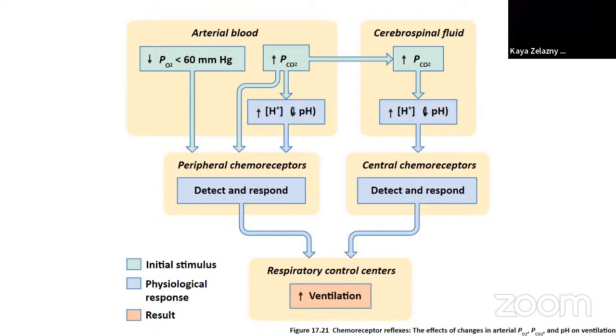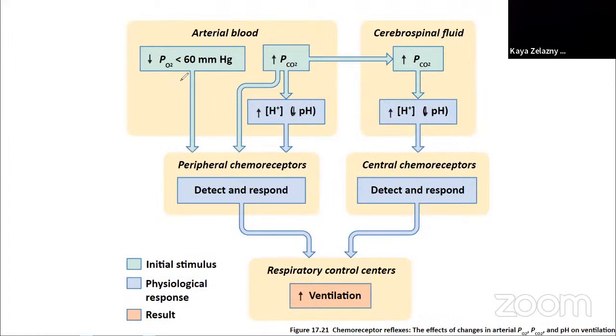So if our arterial blood drops low enough in oxygen concentration, then our peripheral chemoreceptors can detect and respond, helping us to breathe faster, so increasing ventilation to get more O2. But what we more likely have happening are changes with our carbon dioxide.